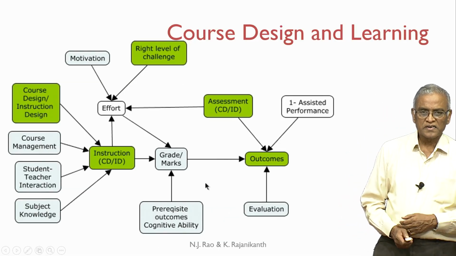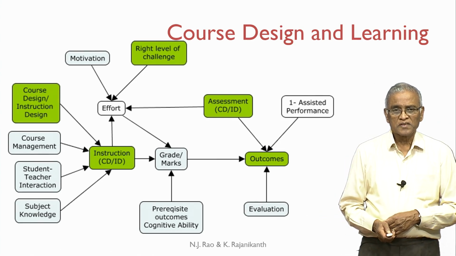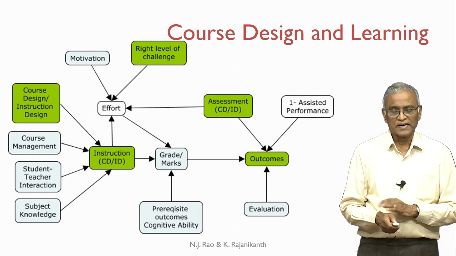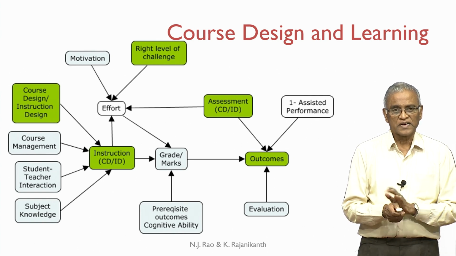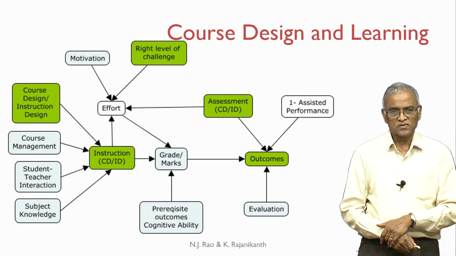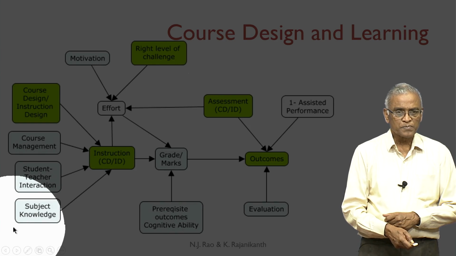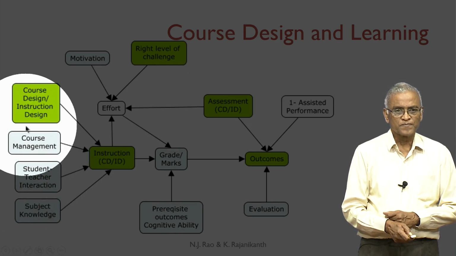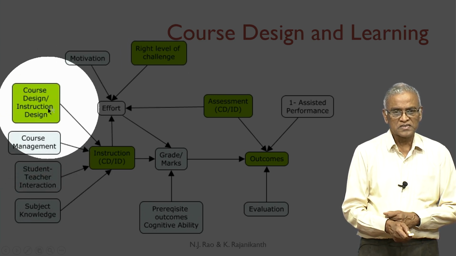Now, let us look at the blocks that are in green color. They are all part of course design. They are all the activities included in the course design. Fink's model is presented here: subject knowledge, student teacher interaction, course management and course design or instruction design.